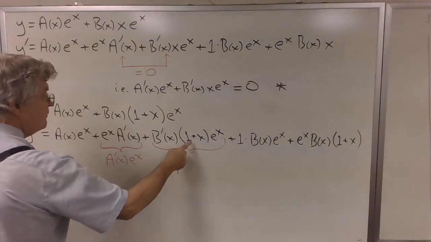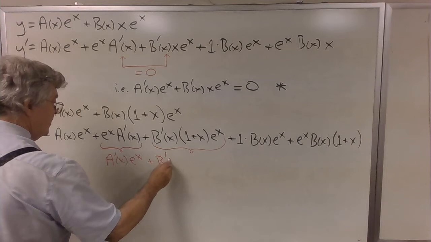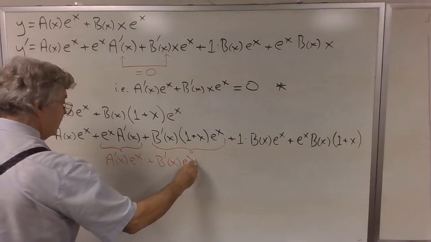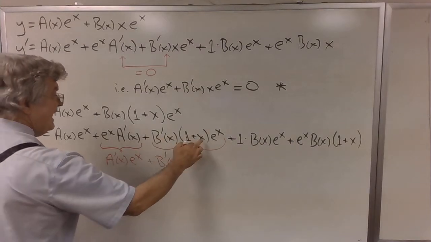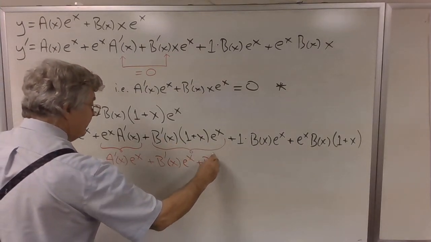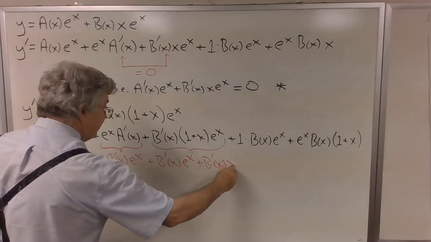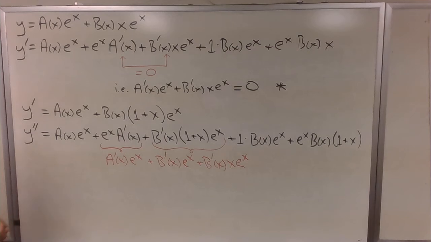That's b prime of x times e to the x. And I have b prime of x, x e to the x. And notice something.